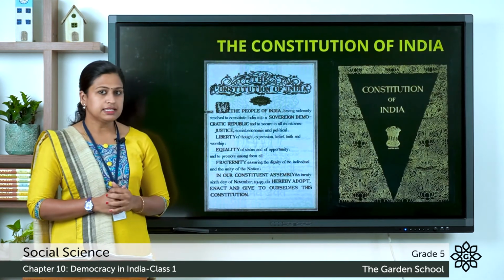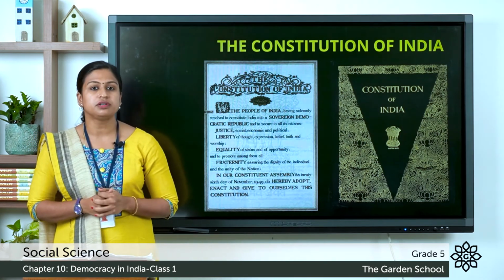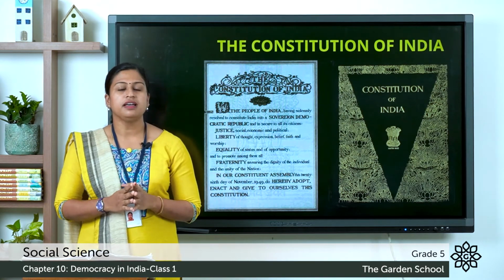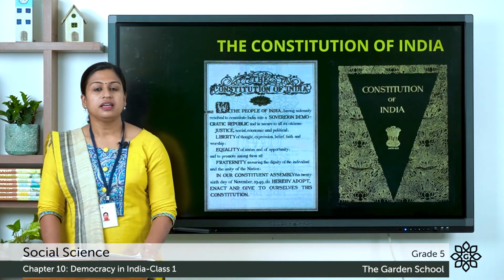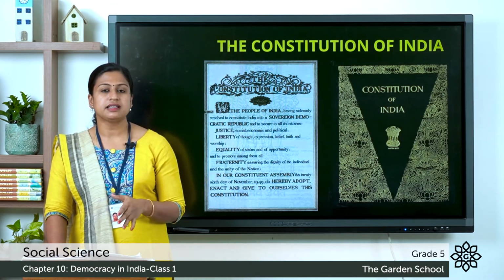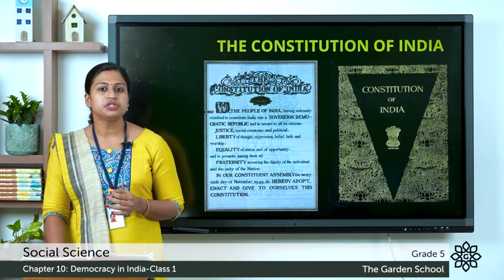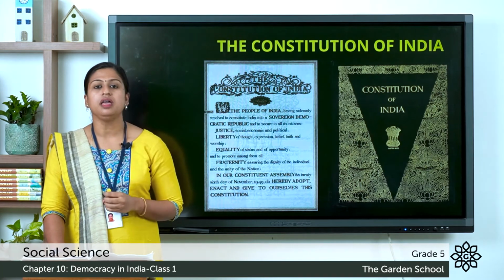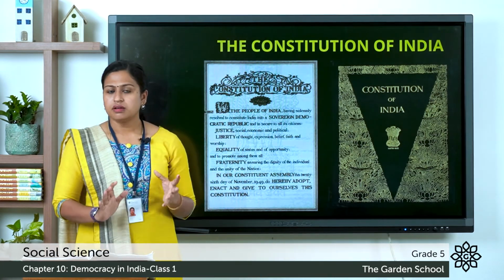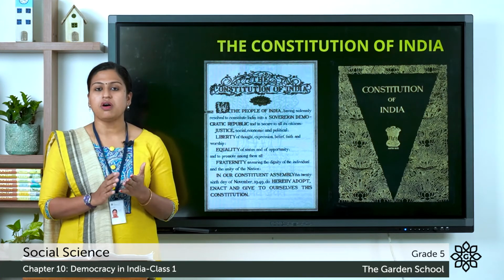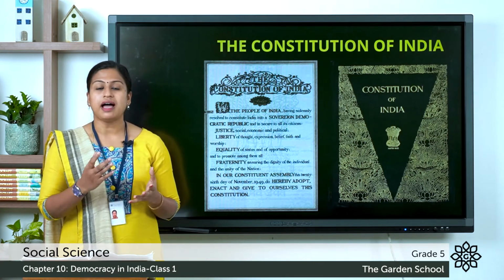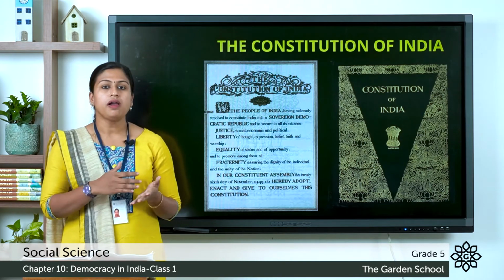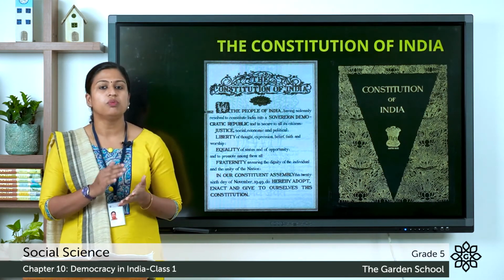Now, next we will talk about the Constitution of our country. The Constitution of India is a written document and it consists of many articles and schedules. It is known as the lengthiest constitution in the world. It consists of a set of rules or guidelines which show how a country or a state or other political organization works.